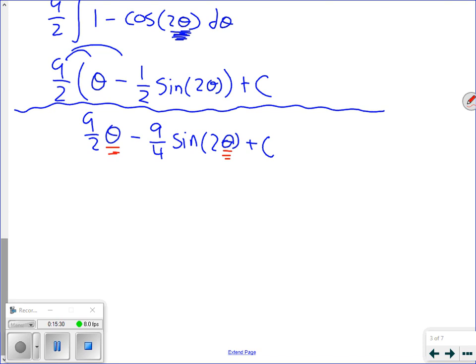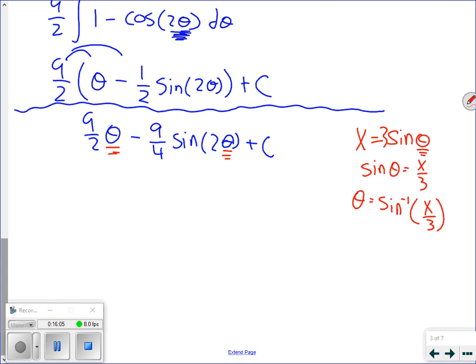Well, remember what our original substitution was, that x is equal to 3 sine of theta. That's what we started off with, so that's what we're going to use to go back. And if I want to solve for theta by itself, well, sine of theta equals x over 3, or theta equals sine inverse of x over 3.